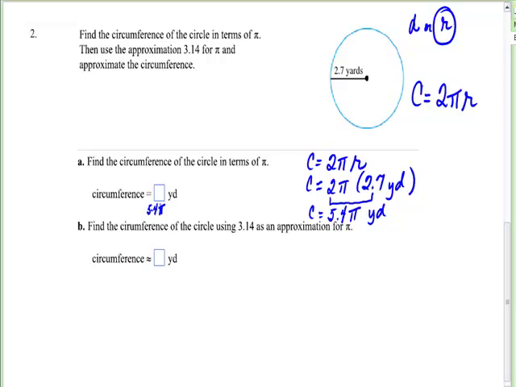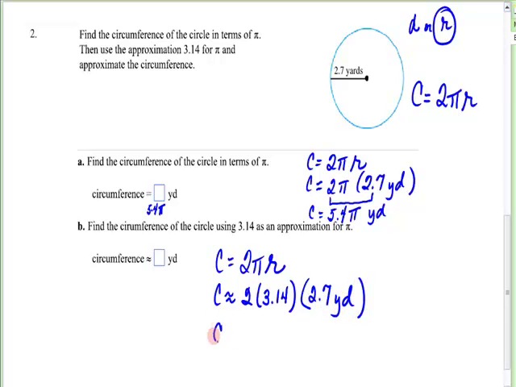Now part 2 of this tells you to use 3.14, so I start the same way. Circumference is 2 pi r. Circumference is approximately 2 times 3.14, which is an approximation for pi, times the radius, which is 2.7 yards.